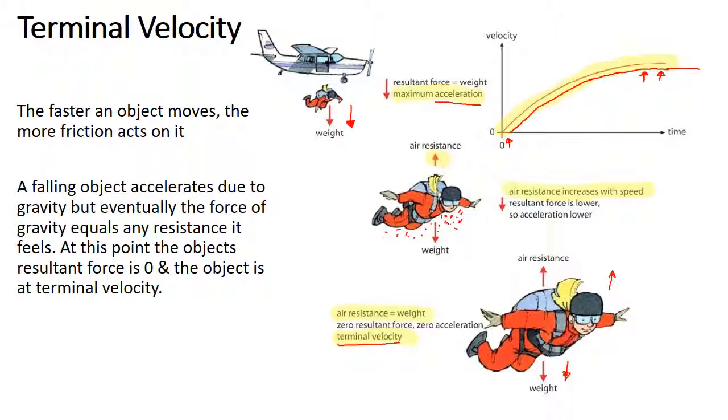The terminal velocity will not change until the point at which she pulls a parachute, and then at that point things will change because obviously she'll slow down because she's got greater air resistance and she has weight at that point, and so she'll start to decelerate. So the point at which a falling object has a resultant force of 0, and therefore the velocity doesn't change anymore, it just stays the same, continues to fall at the same rate, that's when it's reached terminal velocity.